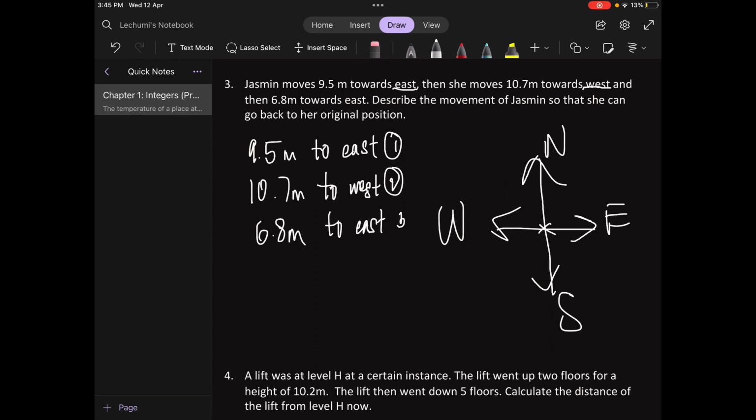She moves towards east, west, and east starting from this position. So as I said in the earlier question, you have to assume one of the sides as positive or negative. So for the basis of continuation, we will say moving towards the right, which is the east, as positive, and moving to the left, which is west, as negative. So from here we can say Jasmine moves towards the east 9.5 meters, then she moves towards the west 10.7 meters and moves towards east 6.8 meters again.